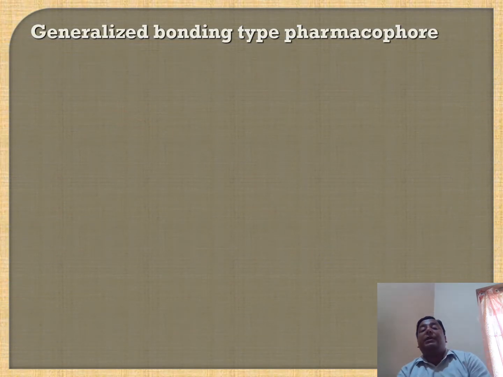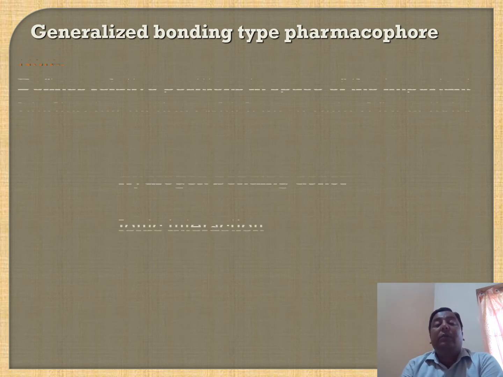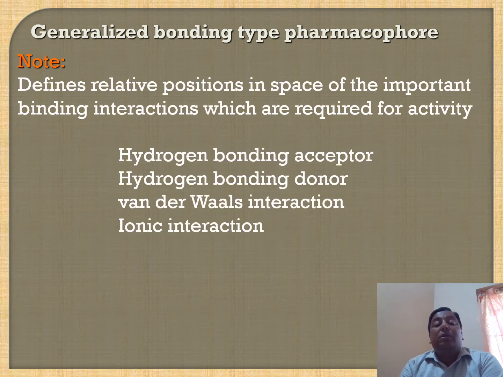So if you say generalized binding types in a pharmacophore, these compounds have relative positions in space which are important in binding interactions and which are required for the activities, in terms of hydrogen bond donor acceptors, hydrogen bond donor atoms, van der Waals interactions, and ionic interactions.